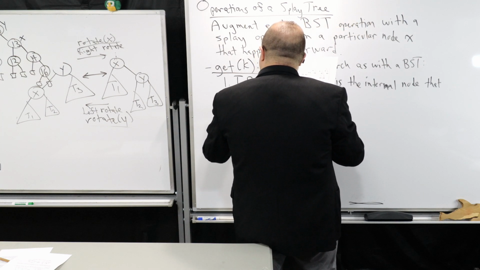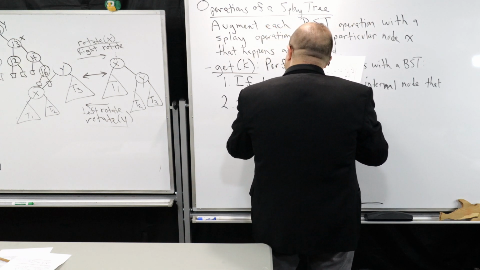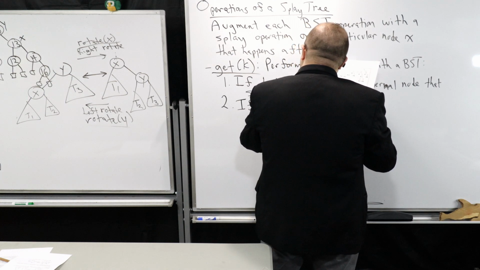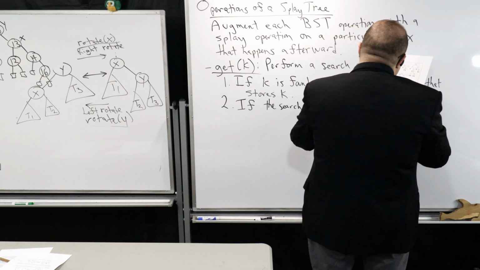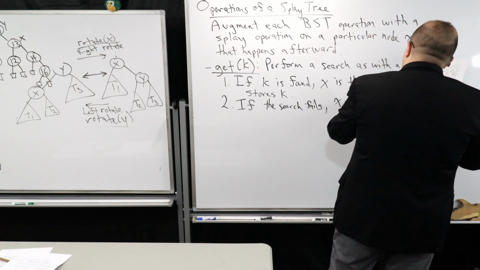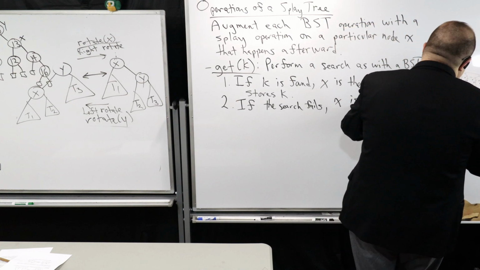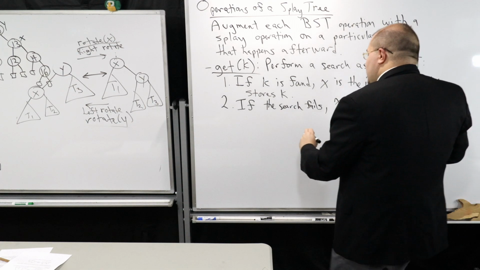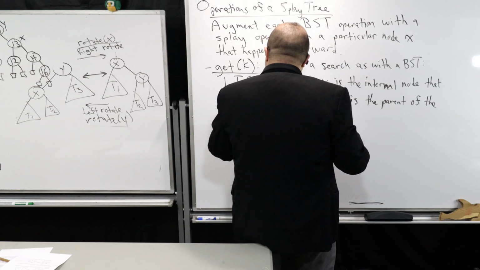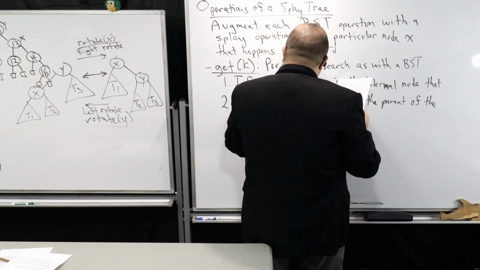It's like training wheels. I like it. If the search fails, X is the parent of the leaf node the search reaches.